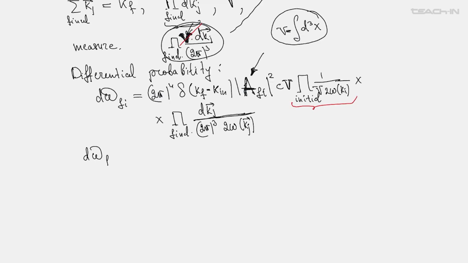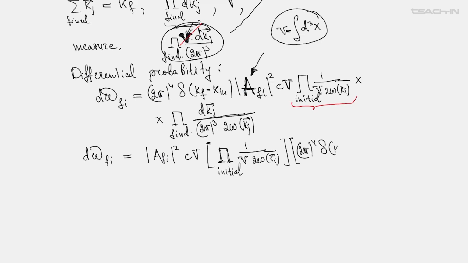I take first this scattering amplitude, then there is a volume factor V, then I will single out the product over initial states of the factor 1 over V 2 omega k initial, and then I will take together the delta function describing the conservation law of energy and momentum, and the product over all final states of these differentials dk_j divided by (2 pi)^3 2 omega k_j.